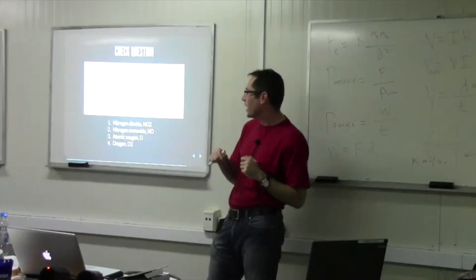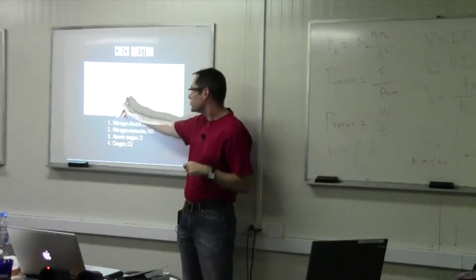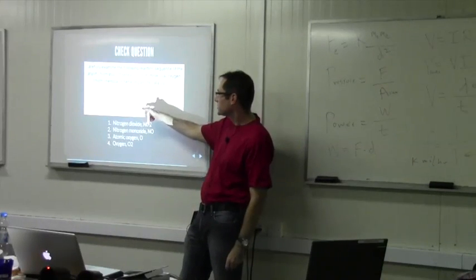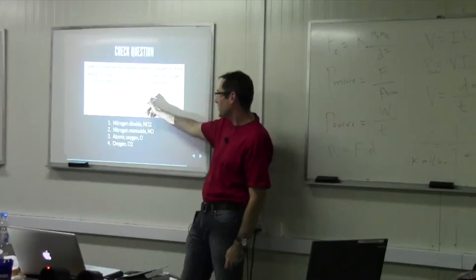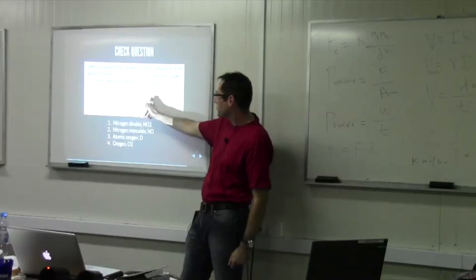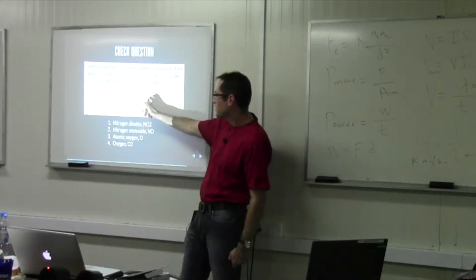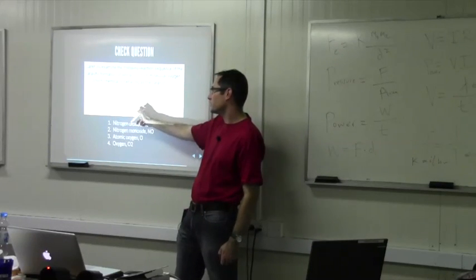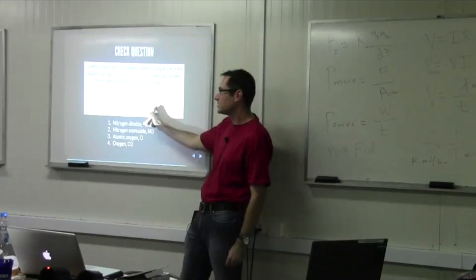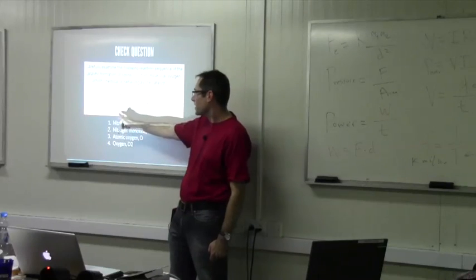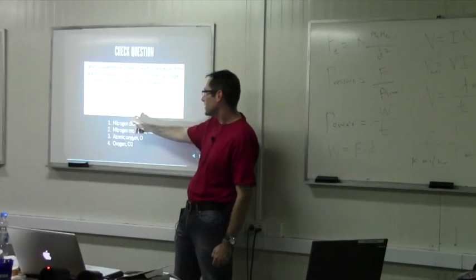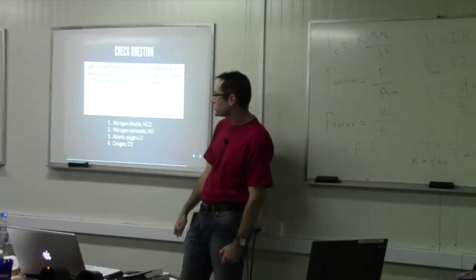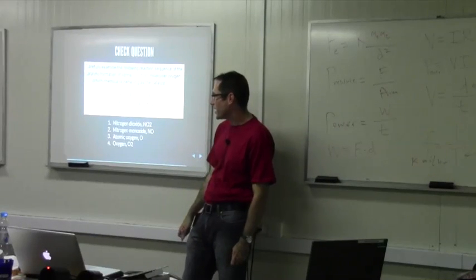You start when you do oxygen with two NOs, nitrogen monoxide, and you end up with nitrogen dioxide. And then nitrogen dioxide becomes nitrogen monoxide again and an oxygen. And then you have one oxygen and some O2s, and you get some O3s. So which one started out the same and ended up the same?